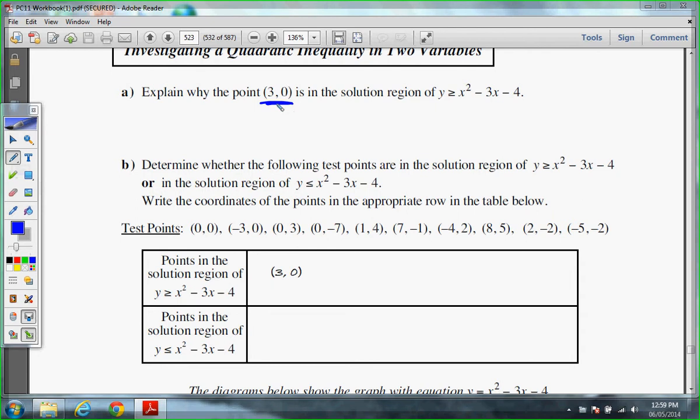That's x, that's y, just like we did in our warm-up. 0 is greater than or equal to 3 squared minus 3 times 3 minus 4. That gets us 0 greater than or equal to 9 minus 9 minus 4. 9 minus 9 is 0. With the minus 4, is 0 bigger than negative 4? It is. So we just confirm that the point is in the region.